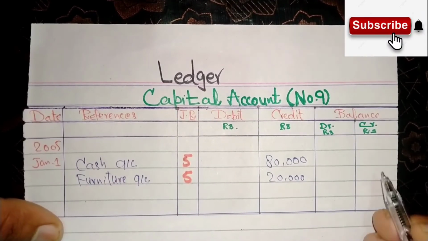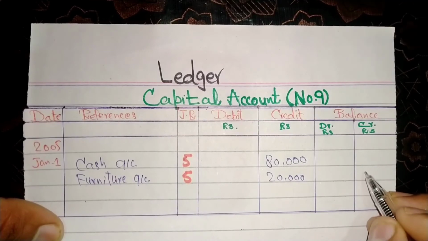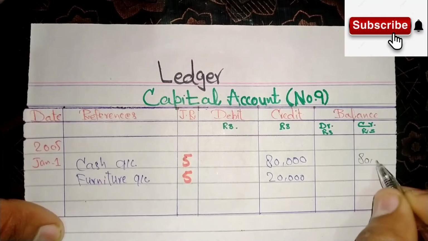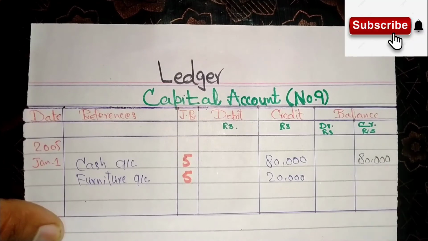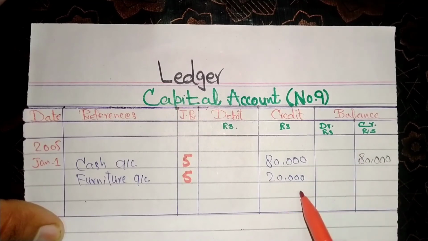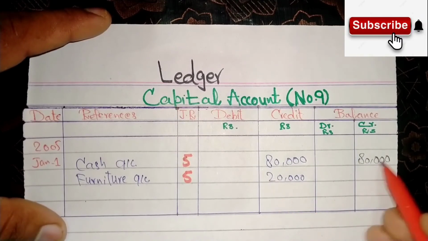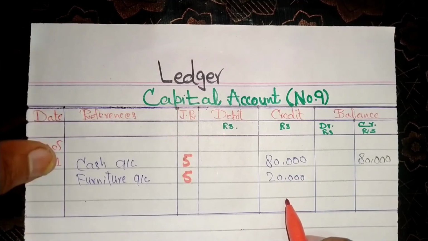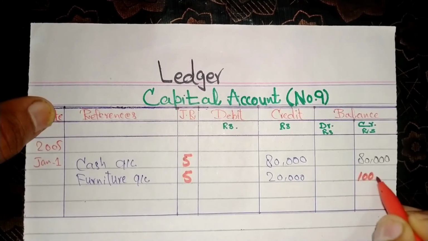We will set it here in the balance column. So cash account credit with 80,000 rupees, and now we will add also credit of 20,000 rupees. So credit of 80,000 rupees and credit of 20,000 rupees, we have ultimately 100,000 rupees as a total credit balance of capital.